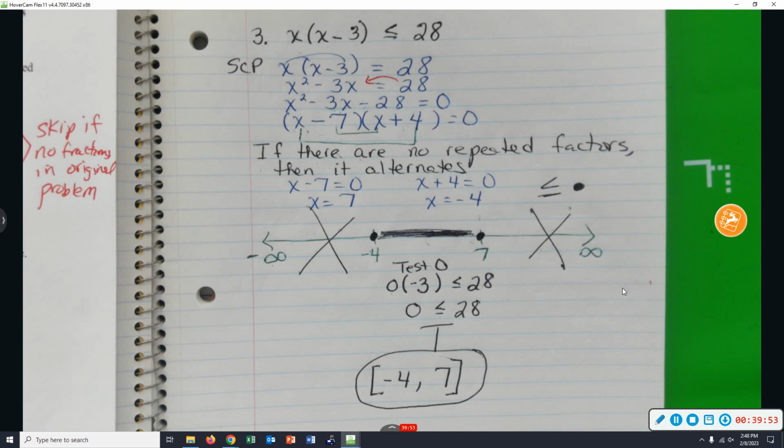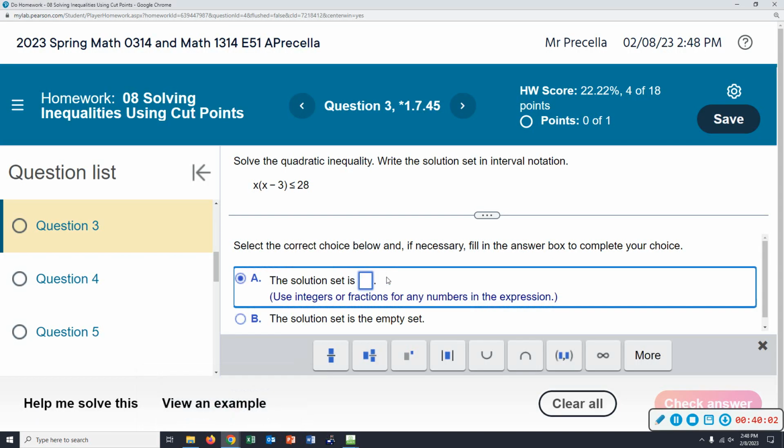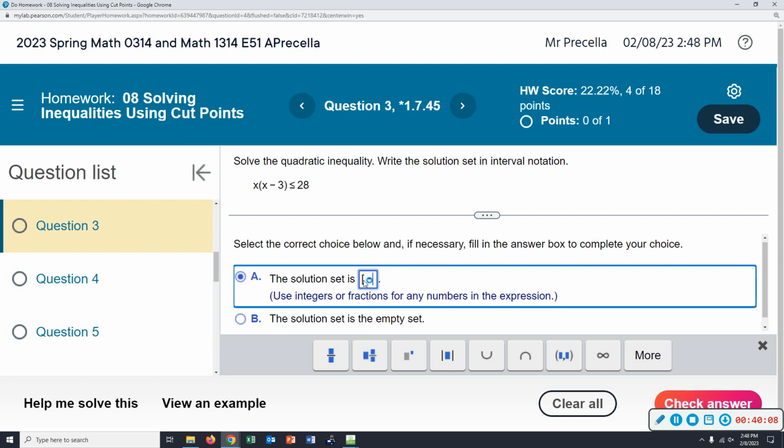Because there will be some eventually where maybe the cut points are 5 and 6. If you're going to test that interval, you're going to have to choose a decimal number between 5 and 6 to test it. Use the brackets from your keyboard. Bracket, -4, comma, 7, right bracket.